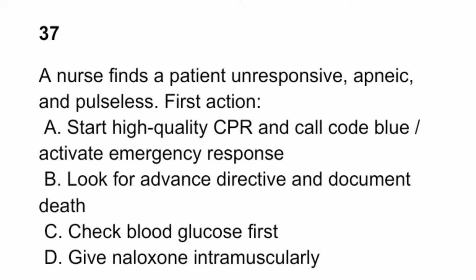37. A nurse finds a patient unresponsive, apneic, and pulseless. First action. A. Start high-quality CPR and call code blue/activate emergency response. B. Look for advance directive and document death. C. Check blood glucose first. D. Give naloxone intramuscularly.